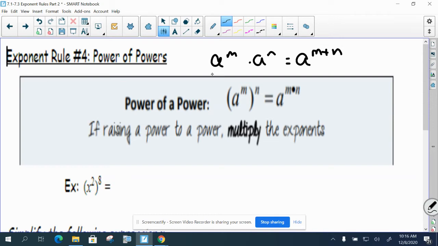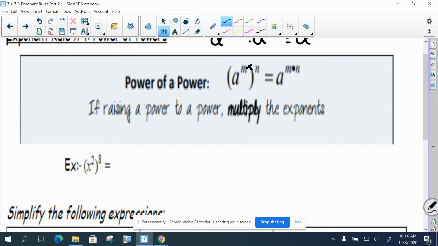That was the old way. This is new because we're doing a to the m to the nth power. So then here we multiply m times n. If raising a power to a power, multiply the exponents.